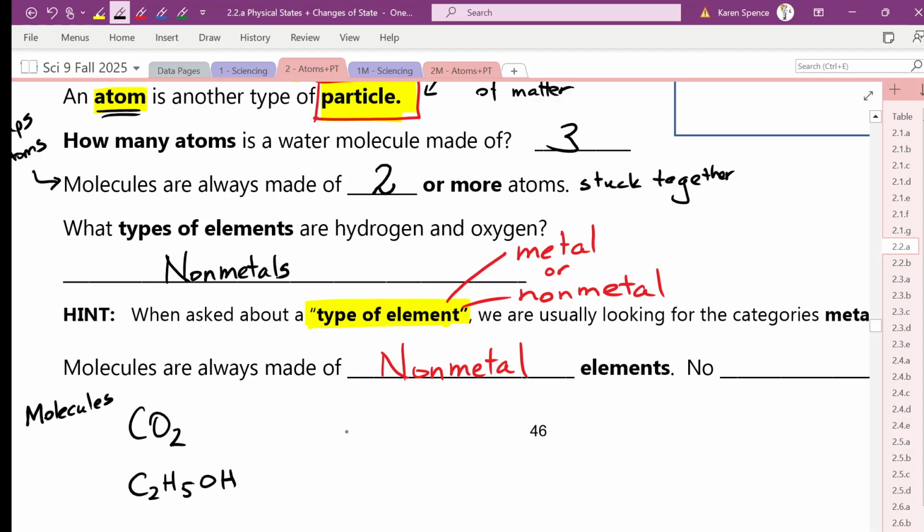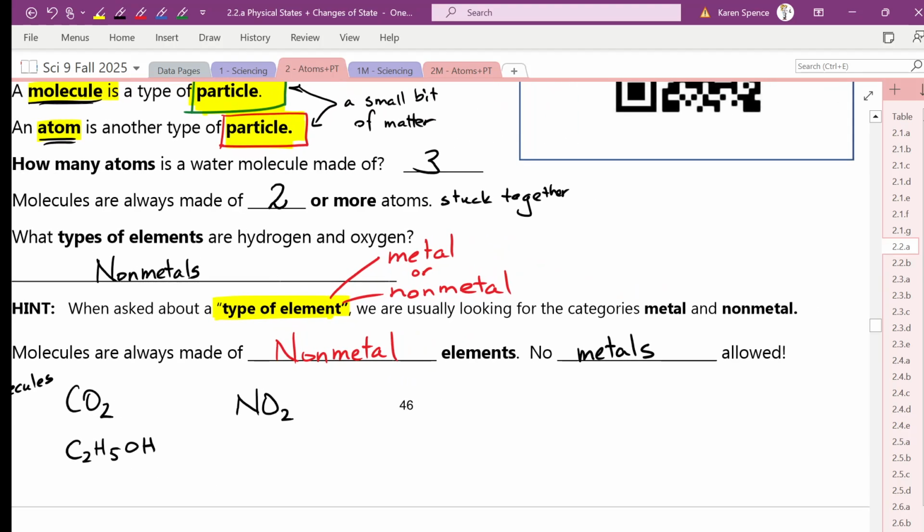No. How about NO2? Nitrogen dioxide. Is nitrogen a metal? Nope, we know oxygen isn't. So you can see that all of the molecules are just made of non-metal elements. There are no metals. We'll learn what they do later. No metals allowed.